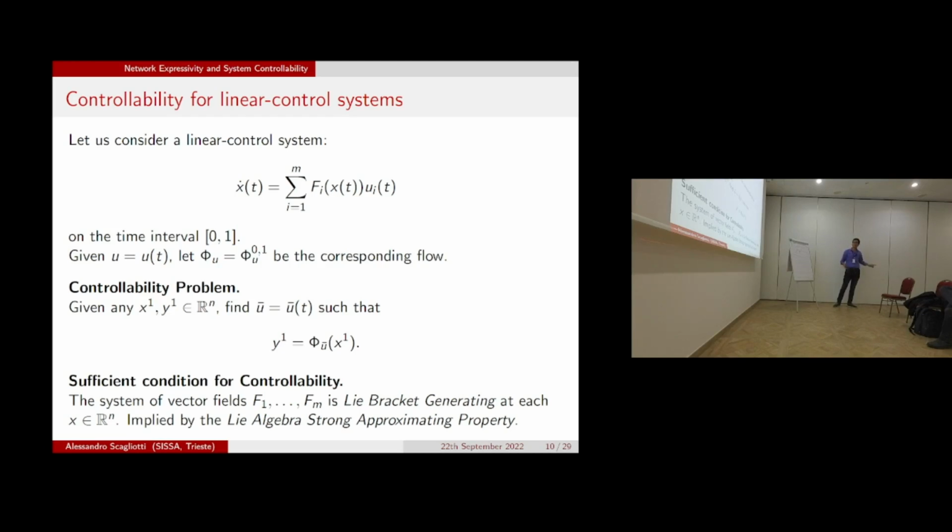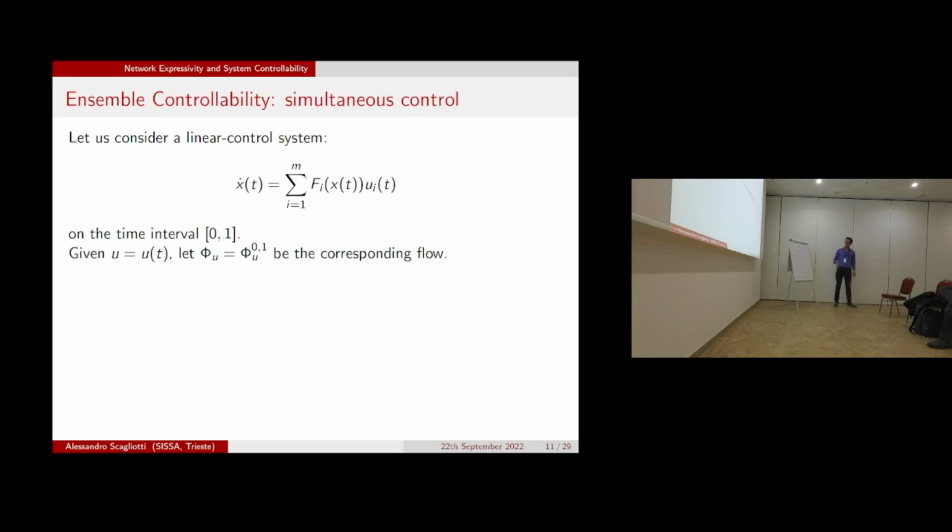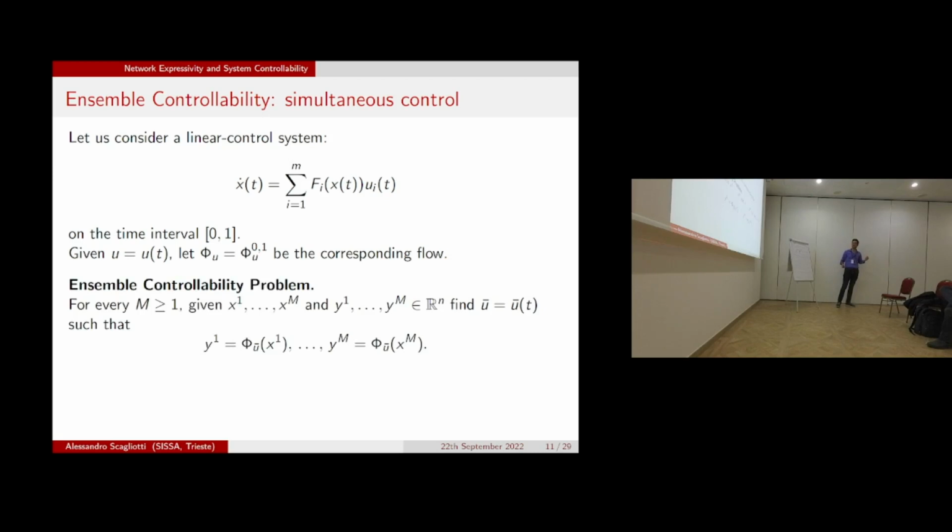Okay, now we are dealing with a much more complicated controllability notion. Same framework as before, but what happens? We are talking about ensemble controllability. So for every m, we consider an ensemble of initial particles x1, ..., xm, and an ensemble of target particles y1, ..., ym. These are all different from each other.